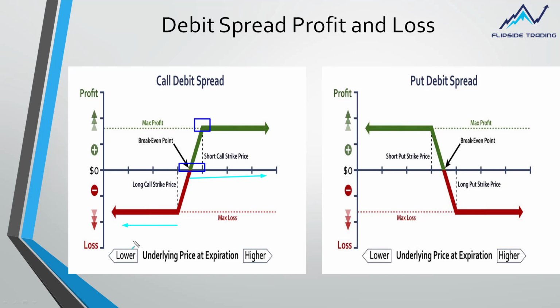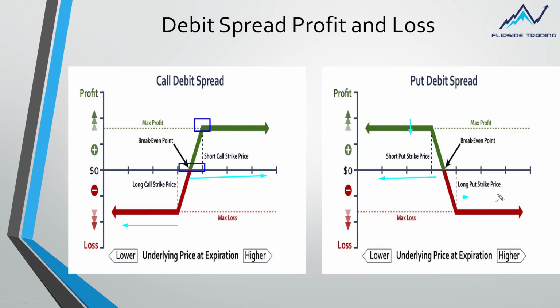We're in great shape. Okay, put debit spread. Pop quiz, bullish or bearish? Bearish. With a debit spread, we're buying something. We're buying a put, so we're long. Therefore, as the stock moves this way, we make money until we hit the short strike, and right over here, that's our max profit.